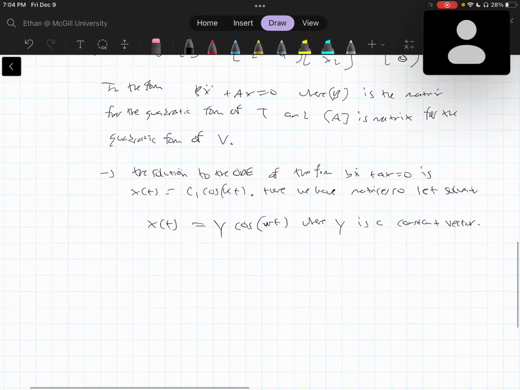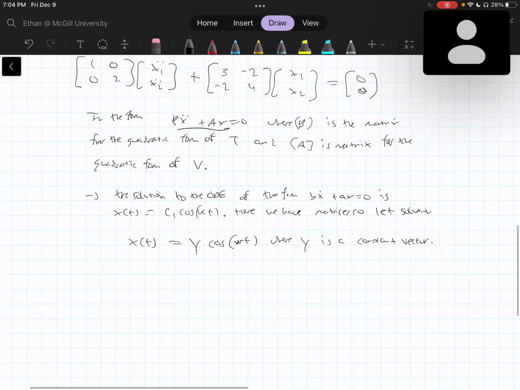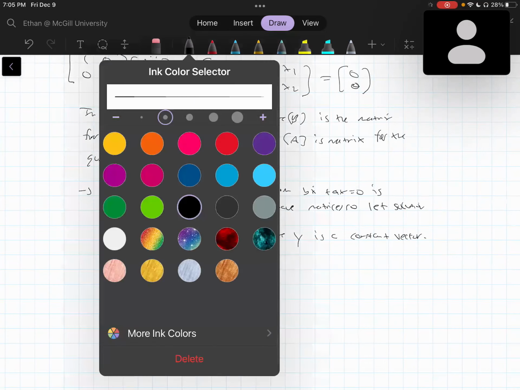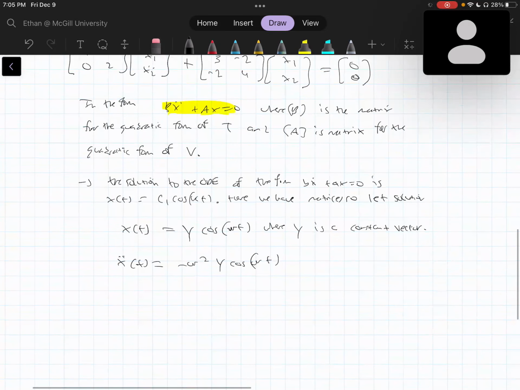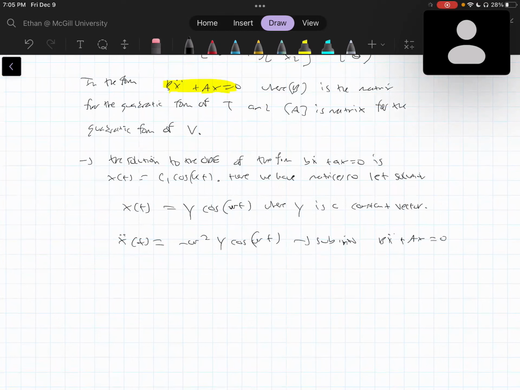So as you can see, we have an x in this form here. We need to find what x double dot is so we can substitute. So x double dot is going to be negative omega squared y cos omega t. And if we substitute into our equation, Bx double dot plus Ax is equal to 0, we're going to get as follows.